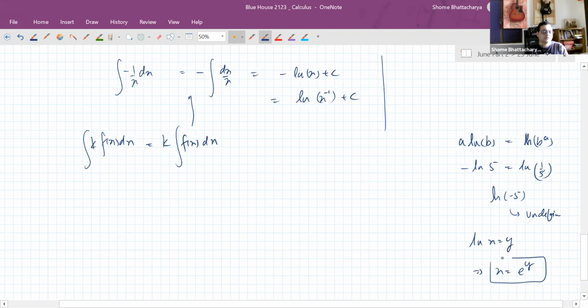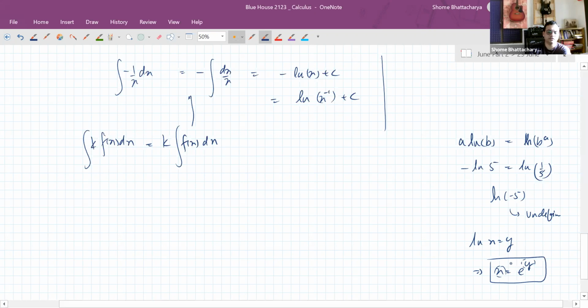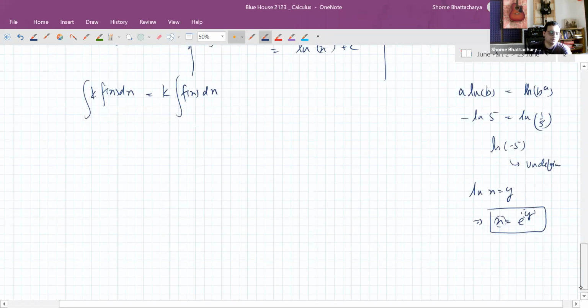Whatever value of y we take, x cannot be a negative quantity. So we cannot define ln of a negative number. The natural domain of ln function is only positive numbers, x greater than 0. Anyhow, we won't worry too much about that.